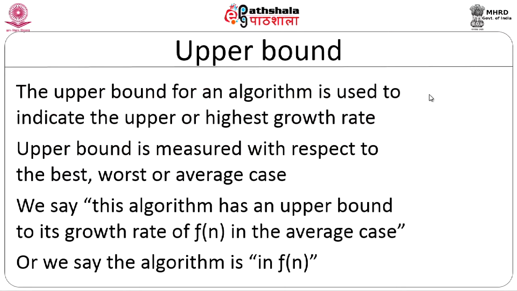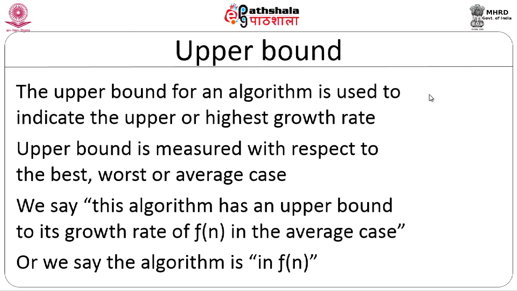The upper bound indicates the highest growth rate of the algorithm. In other words, we are trying to give a bound such that the algorithm operations will not cross this upper bound.